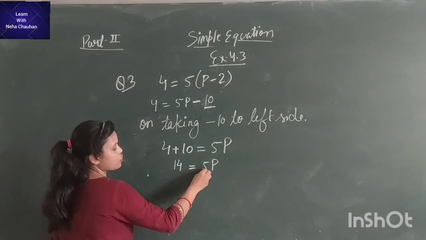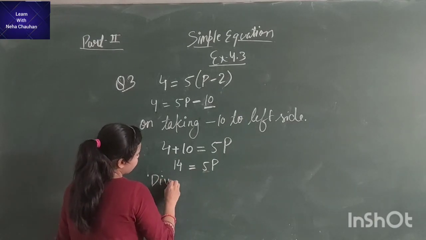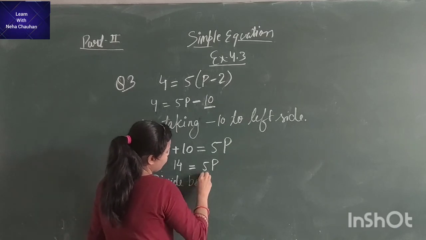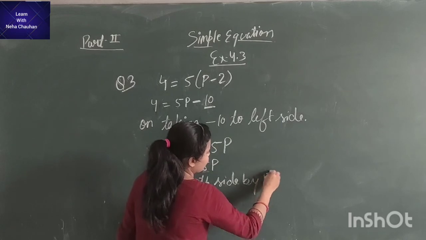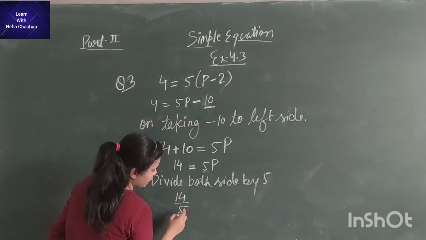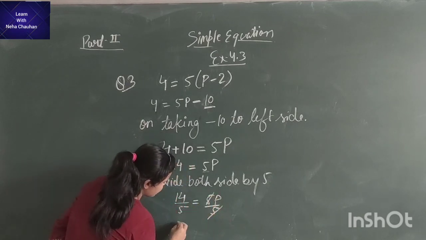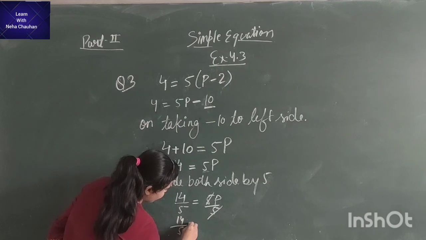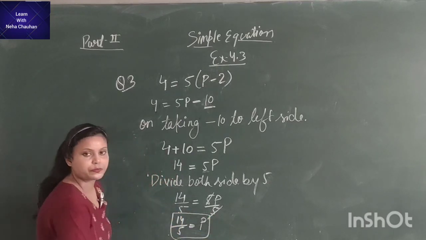For elimination of 5, which is in multiplication, we will divide both sides by 5. So we will get 14 divided by 5 is equal to 5p divided by 5. 5 and 5 cancel. 14 divided by 5 will be equal to p. So this is our answer.